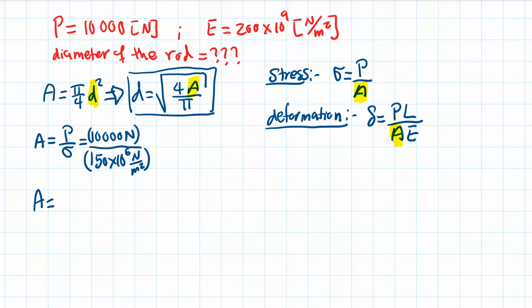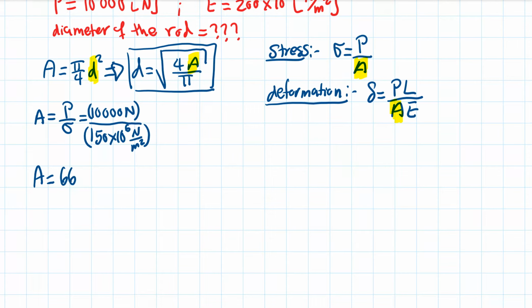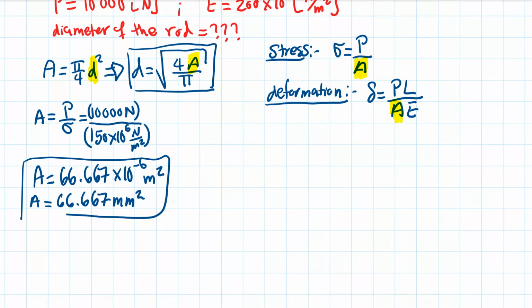So the area in here will equal 66.667 times 10 to the power minus 6 meters squared. Or we can say that area is equal to 66.667 millimeter squared. So this is the area that we got using the stress equation.